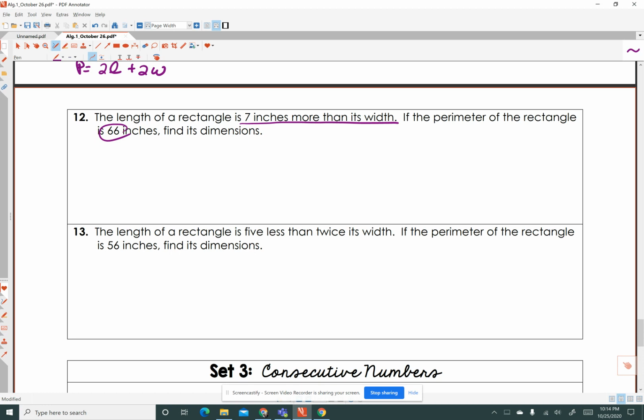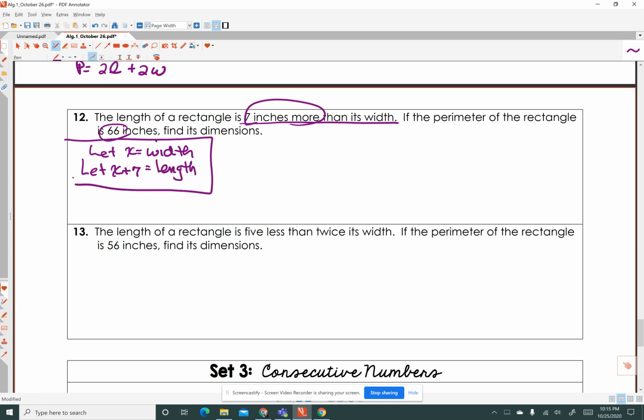So we're going to let x equal the width, and we'll let x plus 7 equal the length. Seven inches more is x plus 7. And there's our x box.